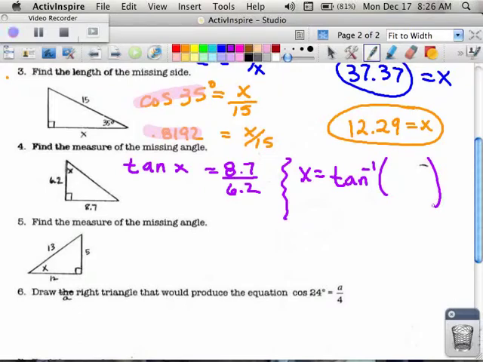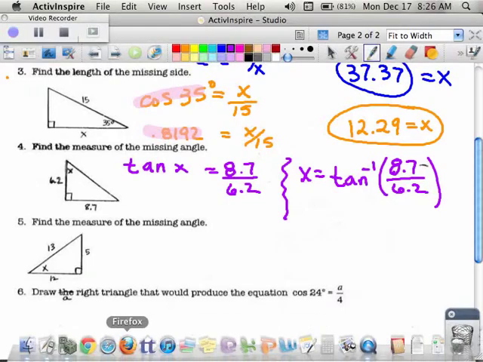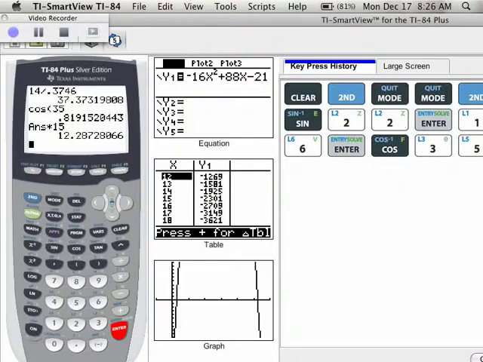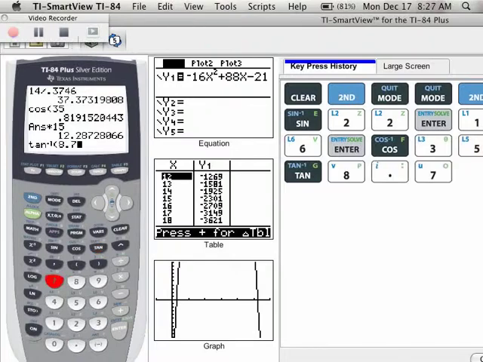And then I just type in the numbers that I see. 8.7 divided by 6.2. So inverse tangent, 8.7 over 6.2, because we're finding an angle. So second tangent, there's that little tangent minus 1, 8.7 divided by 6.2.